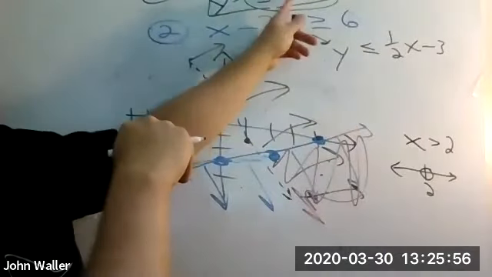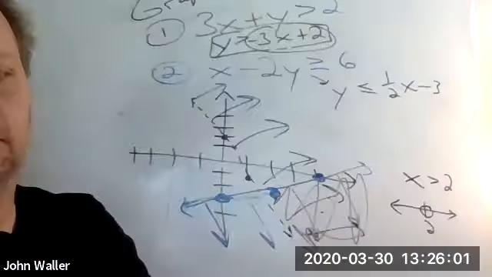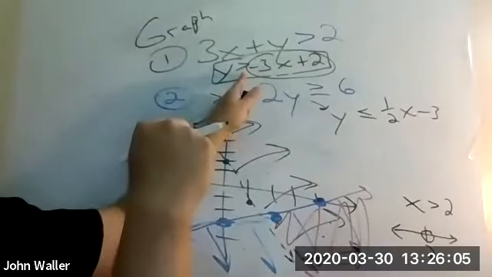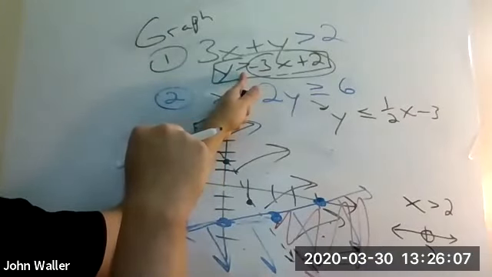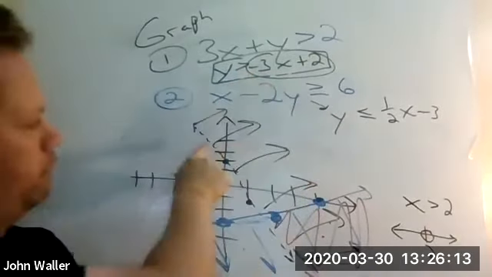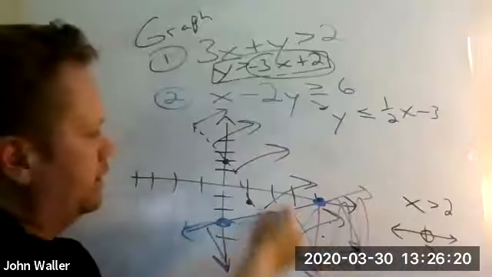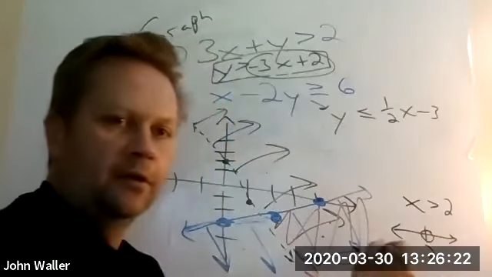Is this allowed to equal the line? What's it say? x is greater than, not greater than or equal to. This one was equal to; this one's not allowed to equal it. That's why we made it dotted, just like an open circle. If it's not allowed to equal it, I don't shade the line in. I don't shade the circle in.